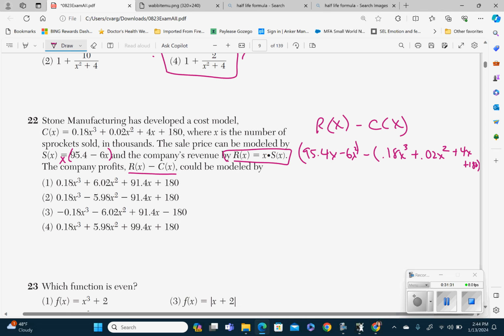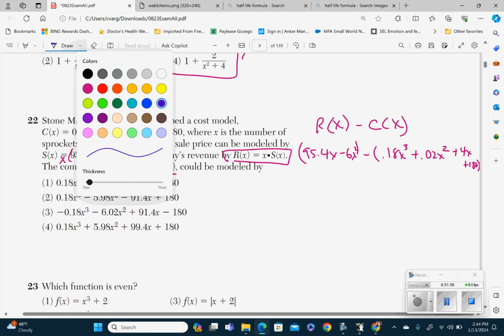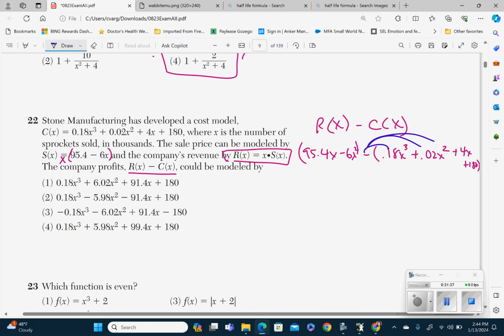So when I do subtraction, I can do this. Think of it as, let me change colors. The negative sign gets distributed between all of these. So this becomes negative 0.18x to the third minus 0.02x squared minus 4x minus 180.